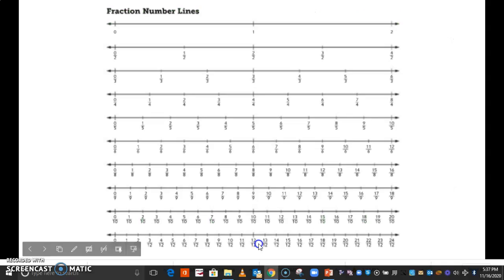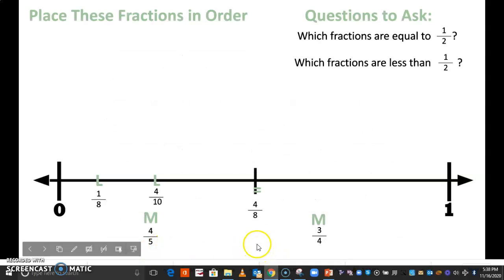Okay, so let's check our number lines. 1/8 is going to come before 4/10. So when we move our fractions over, our less than half numbers are going to be on the less than side. 1/8 is less than 4/10.